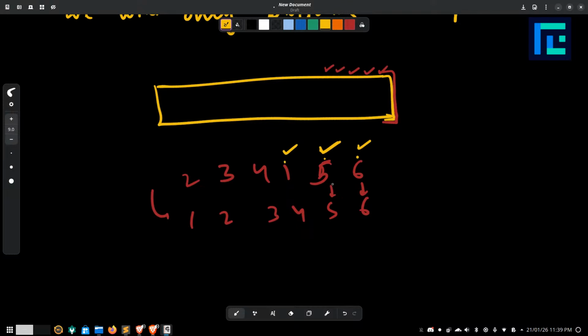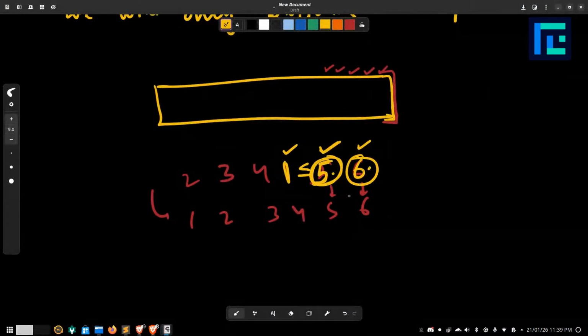But you actually don't need to take the minimum of all of them, because if 5 and 6 are at the correct position, that would mean that 6 was the highest in the array and 5 was the second highest, and 1 would have to be less than or equal to those two. Because if 1 had been greater than any one of them, then their correct place could not have been this. 1 would be coming between them and their correct place would be different.